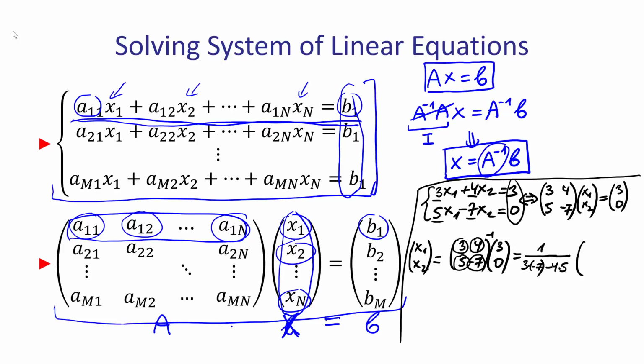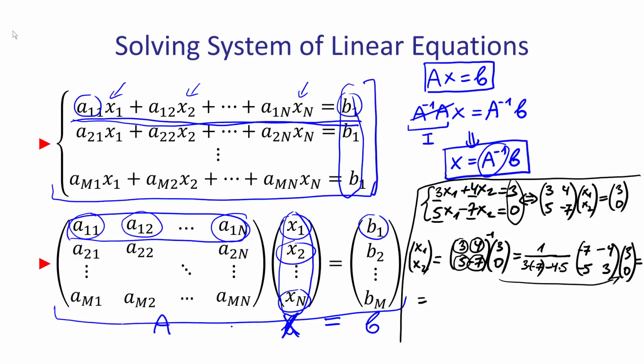And in the matrix itself, you need to make minus 4 here, minus 5 here, and to switch A and D, which will be minus 7 and 3 here, and to multiply by that vector again, 3 and 0.